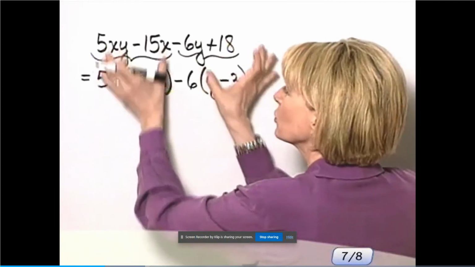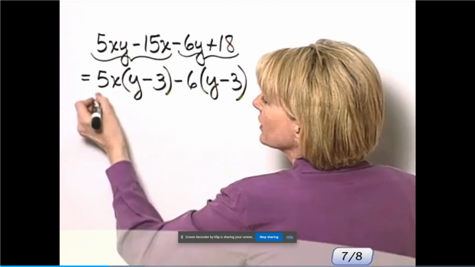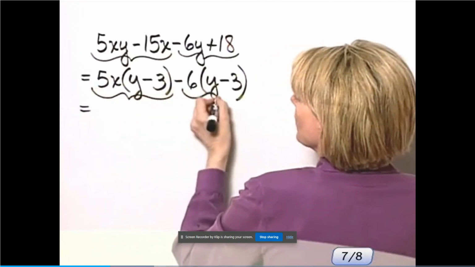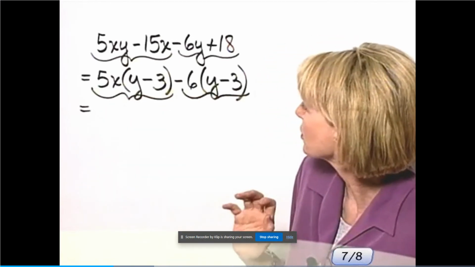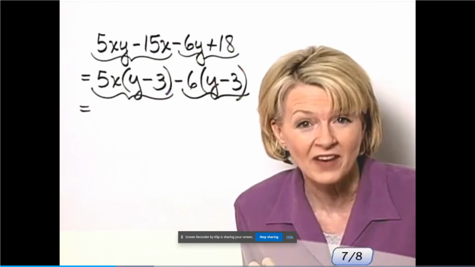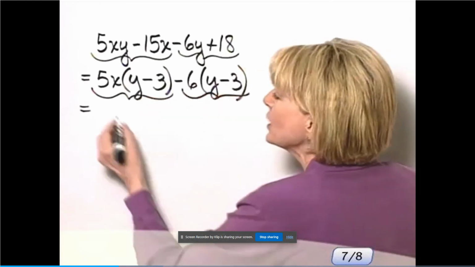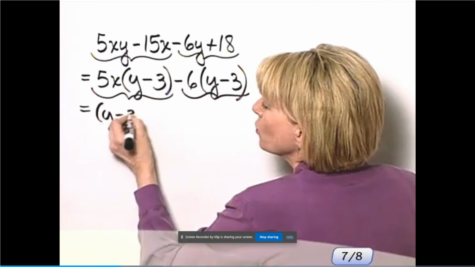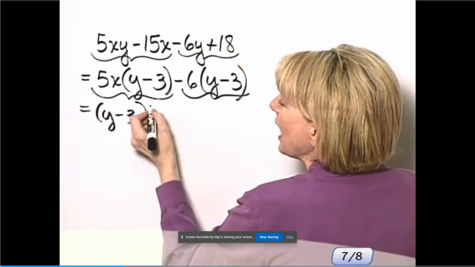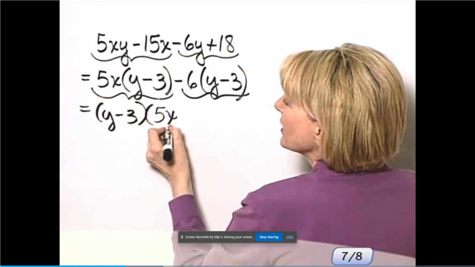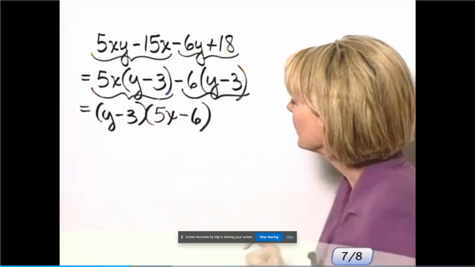Now, once we've grouped and factored out according to the groups, look at what I'll call our two groupings. Think of it as two terms. Is there a common factor? The answer is yes. There's a common binomial factor of y minus 3. If I factor it from this term, I have left 5x minus, if I factor it from this term, I have left 6.